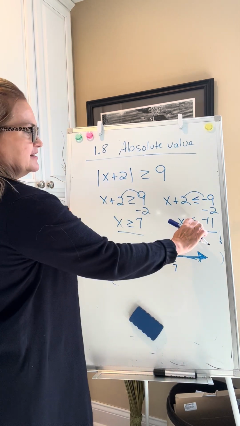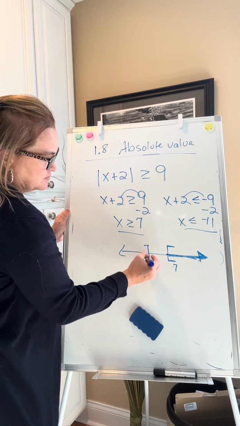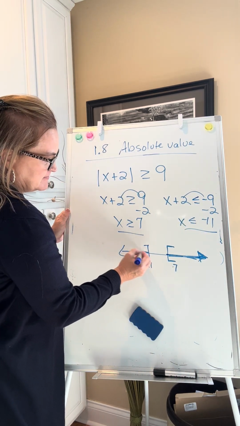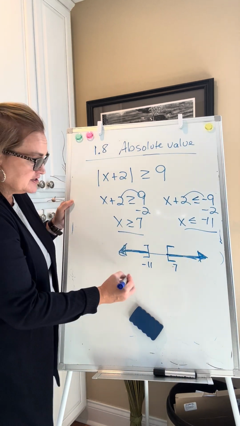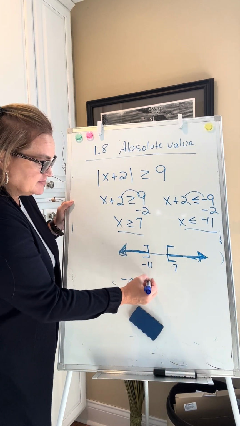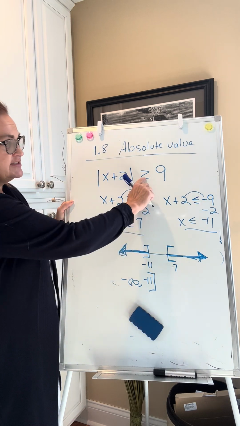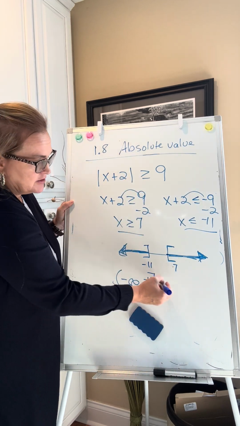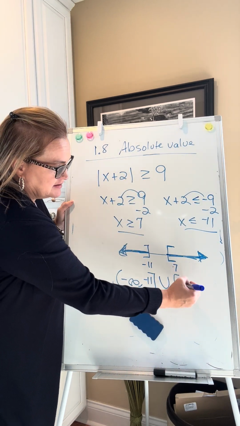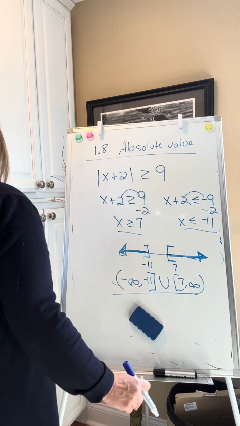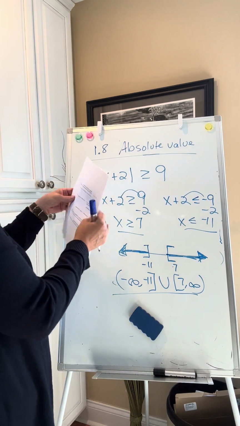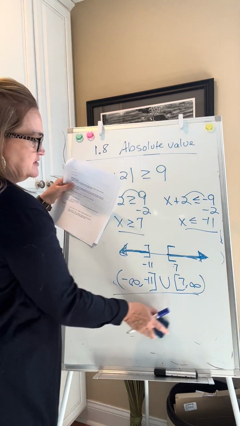And then less than or equal to negative 11, we'll turn it around this way, and you'll have that section. So again, it's split as per expected. Negative infinity up to negative 11, bracket because there's a line under it, right? Union, and then 7 to positive infinity. And that's our final answer. Okay, so let's do that a couple more times, practicing this.